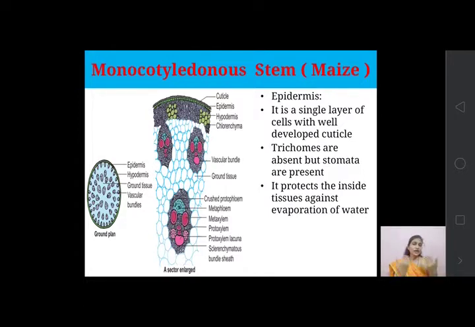It is like our skin; this epidermis protects the whole plant organ, whether it is root, stem, leaves, flowers, etc. In case of stem also, it is the outermost protective covering. It is made up of a single layer of cells. Also, a well developed cuticle is present above the epidermis.